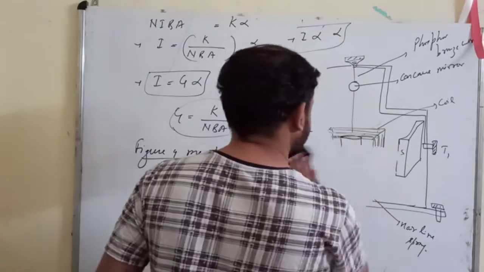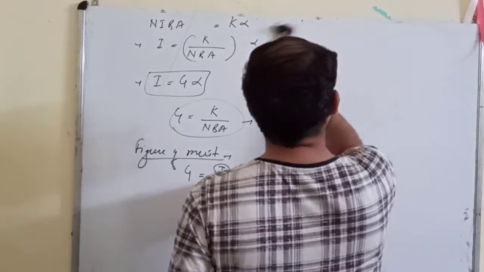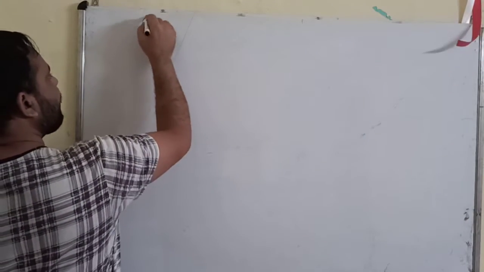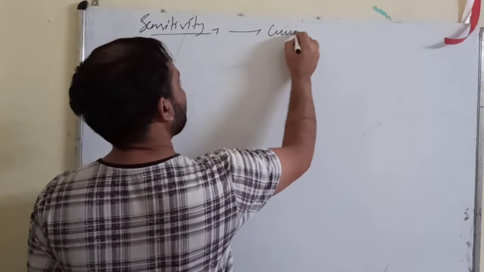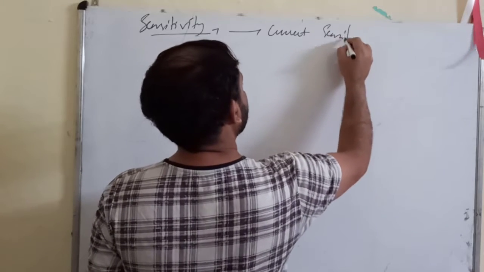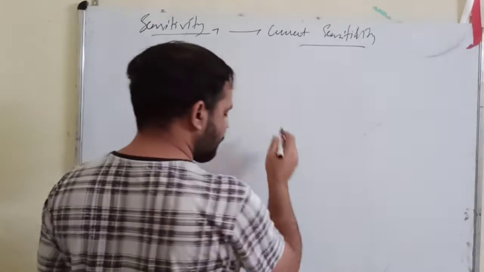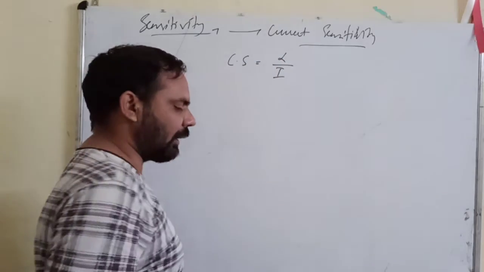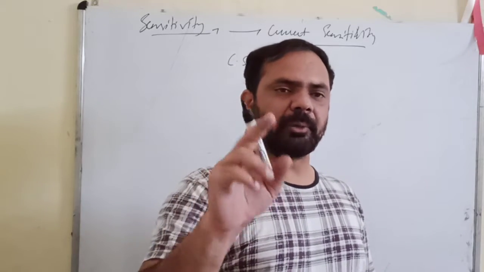Sensitivity of this galvanometer. And sensitivity is of two types: current sensitivity, and this current sensitivity is equal to alpha upon I. Current sensitivity means how much is the deflection in the coil for unit current.